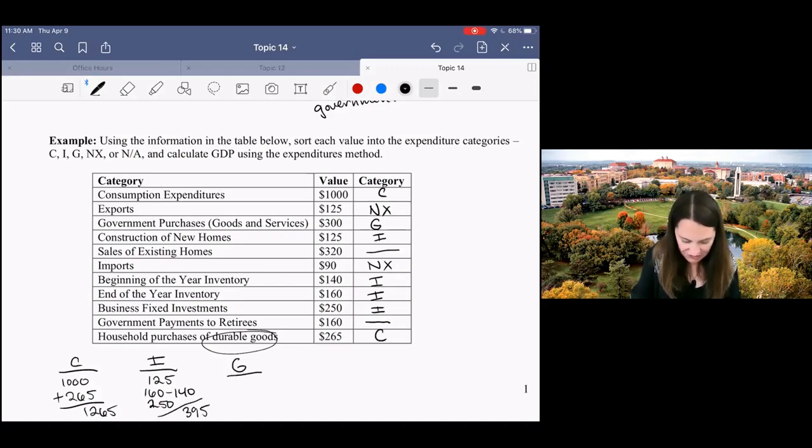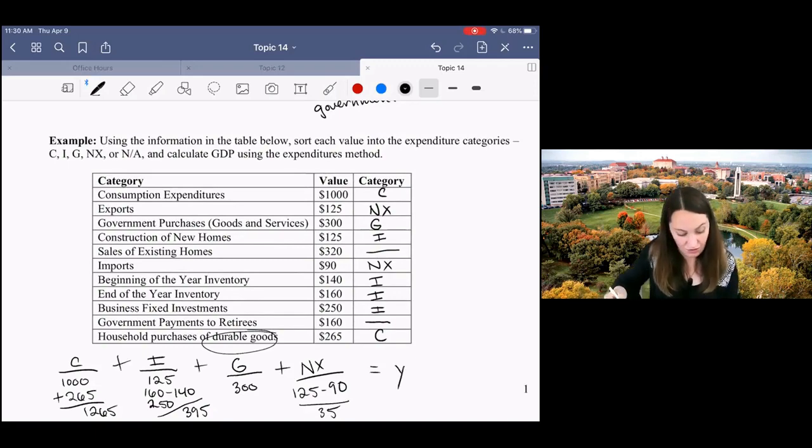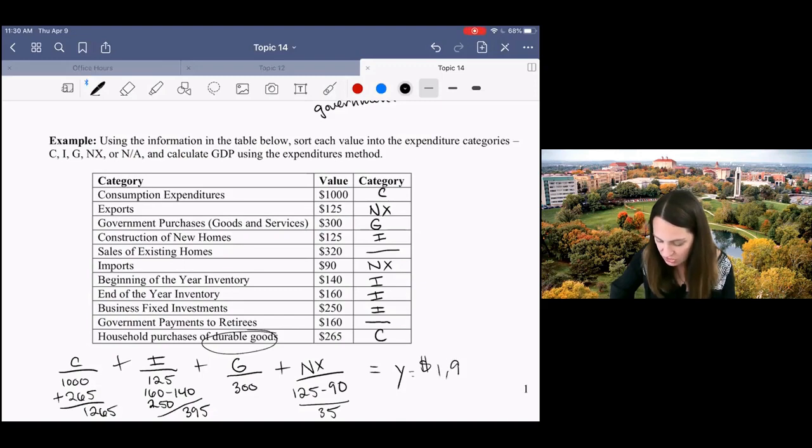We've got G. And we've got net exports. And total, that gives me Y, which is total expenditures, which is our measure here of aggregate income and aggregate production.